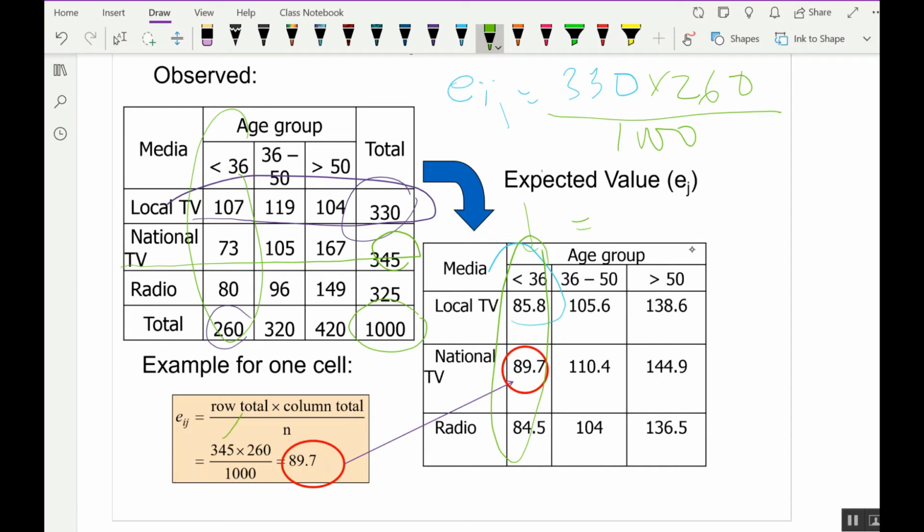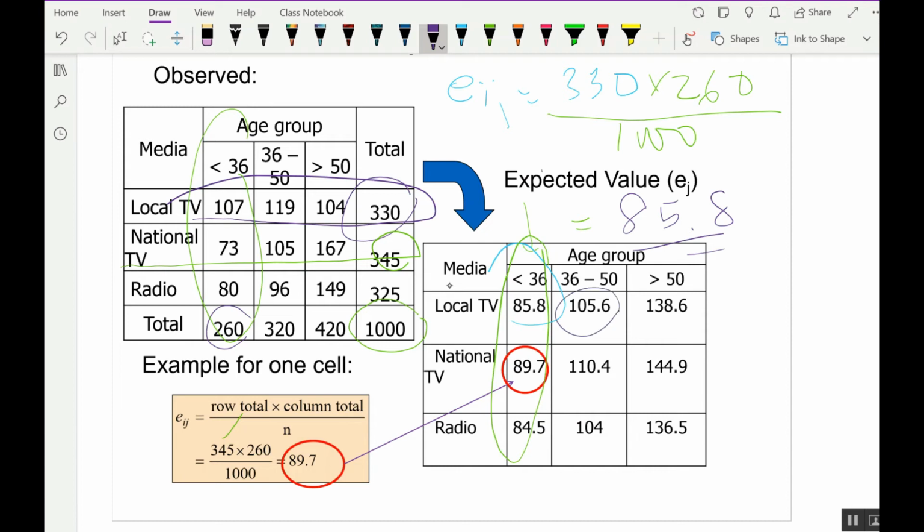So you should be getting 330 times 260 divided by 1000, which gives the same amount, 85.8. The same thing applies to the other cells.